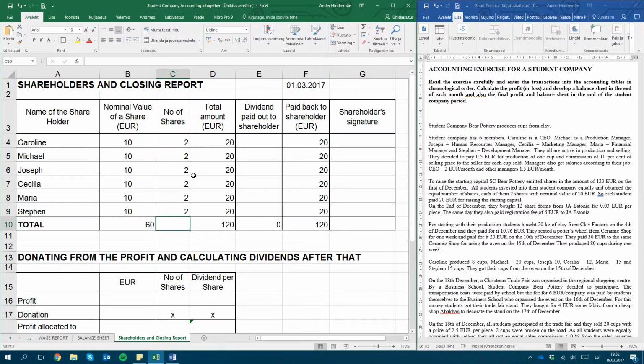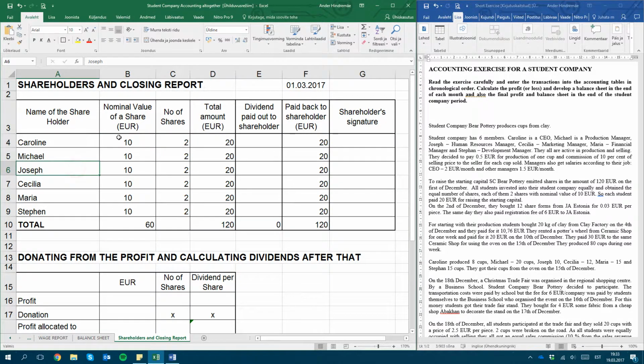Therefore, the total amount each one put into the company was €20, which is recorded over here, and Excel calculated this for me automatically because I have added the necessary calculation formula over there previously. And in total, as it said, €120.